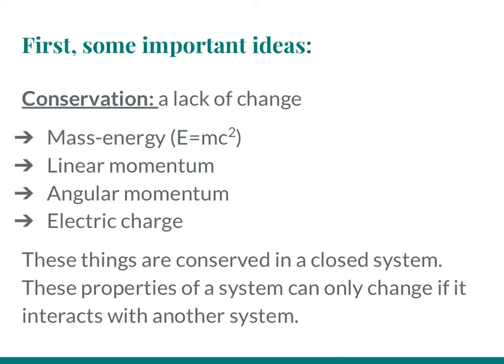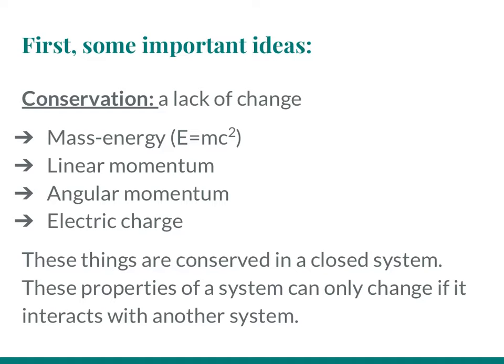There's a conservation of linear momentum, conservation of angular momentum, and the big one for today is conservation of electric charge. So what conservation means is that in a system, some slice of the universe you're choosing to look at, these quantities don't change unless your system interacts with something else, an outside force, some other charges, some gravity.